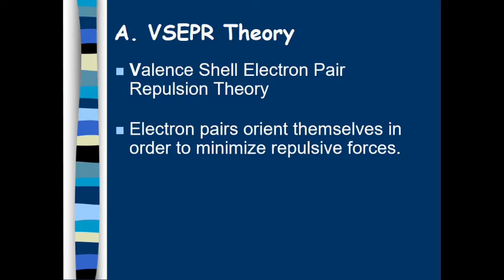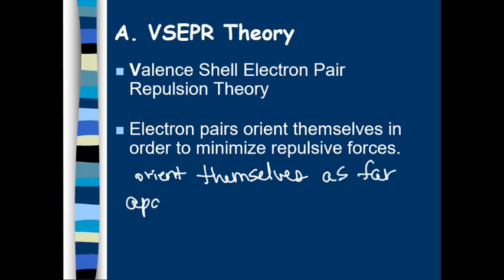You know that electrons are charged the same way, meaning they're negatively charged, and they will orient themselves as far apart as possible. And I'm talking about the electrons that are being shared or electrons around our central atom.